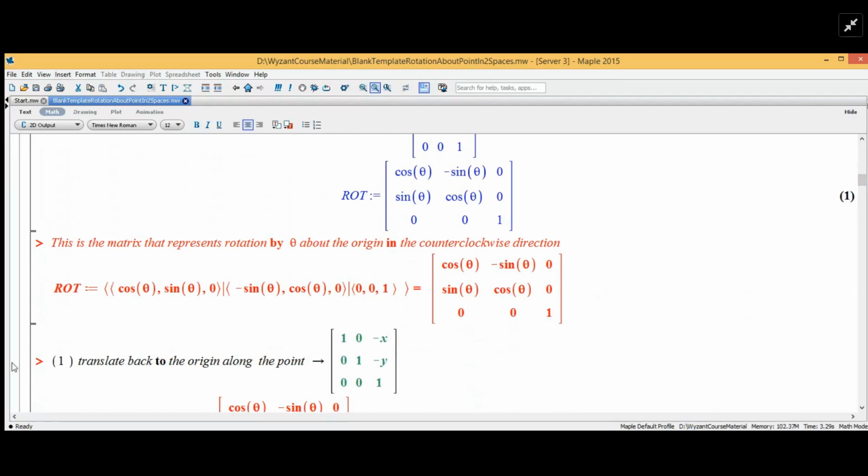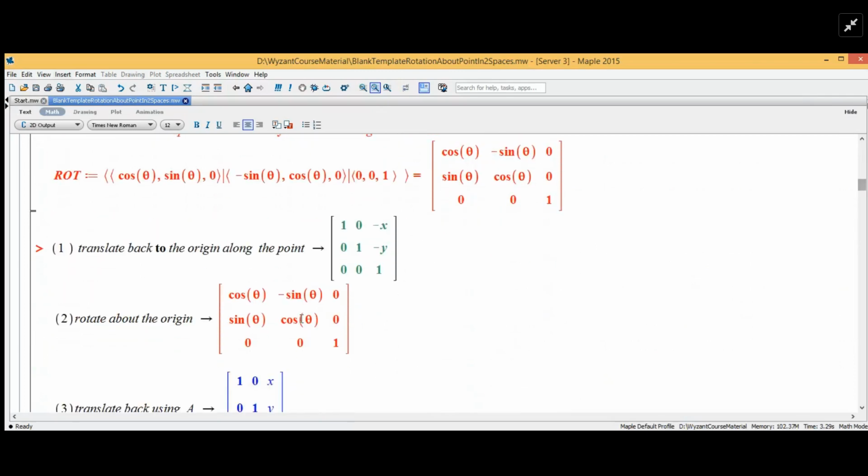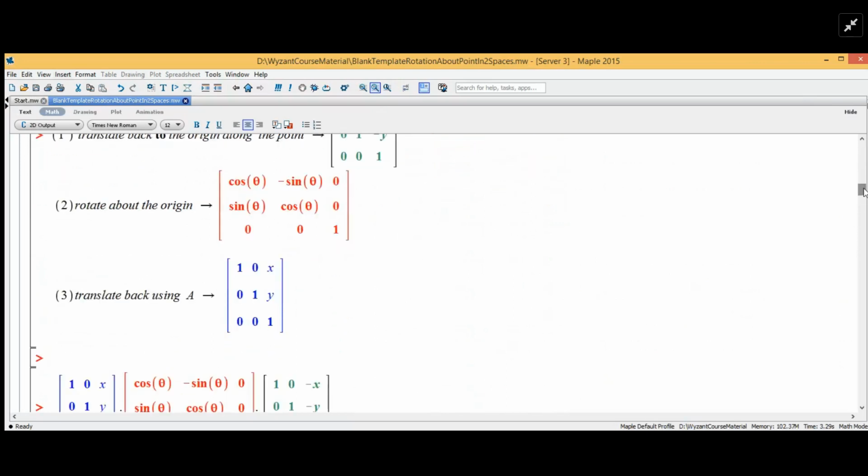So to represent the rotation around a given point (x, y) by an angle of theta, we have to first translate back to the origin using the green 3 by 3 matrix, 1, 0, minus x. And then we have to follow that by the rotation around the origin, and then follow that by translating back using the point A, right?